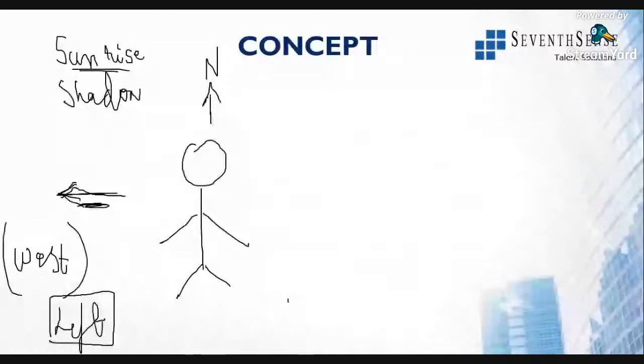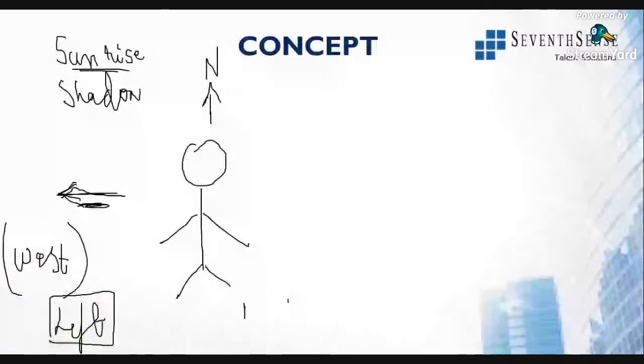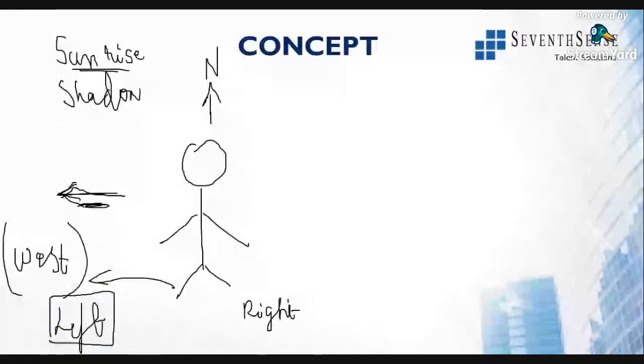What if it is south? Can you answer me? So this is your right hand side, and the shadow falls this side. I'll just mark it in red color so that you can note it down. So the shadow will fall to the west, that is to your left.